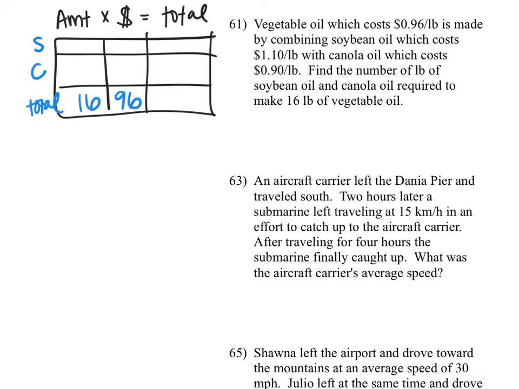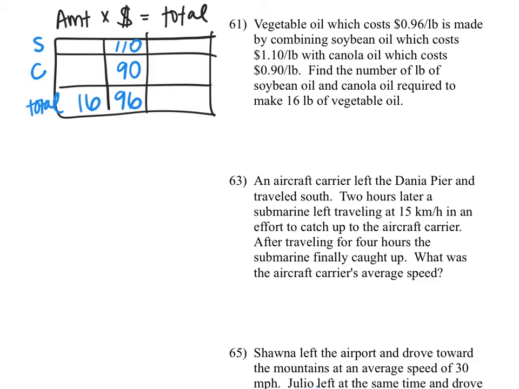We also know that canola is 90 cents a pound, and soybean is $1.10 a pound. Okay, so this is all I know.